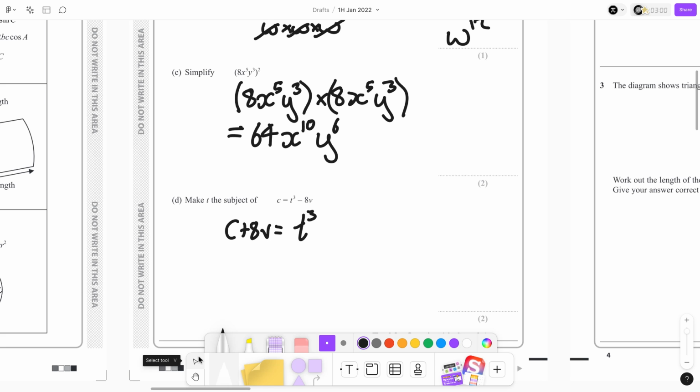Well, we're going to cube root both sides, so we get t equals the cube root, the opposite of cubing, which we write with a little 3 there, of c plus 8v. So our answer is t equals the cube root of c plus 8v.